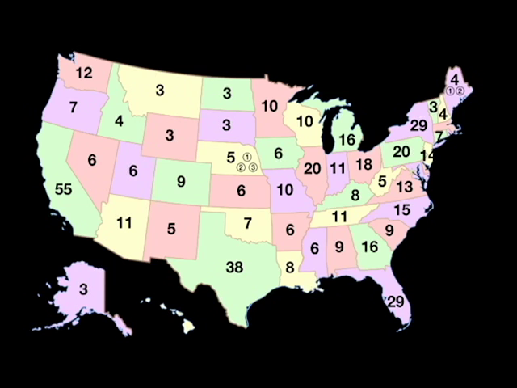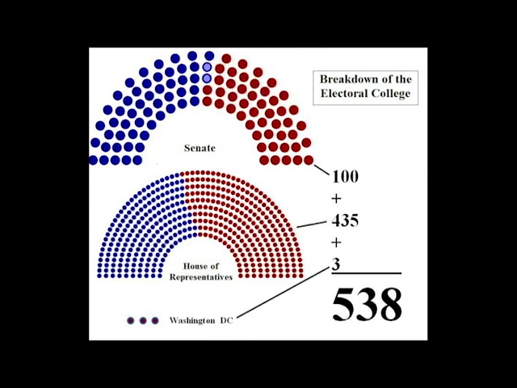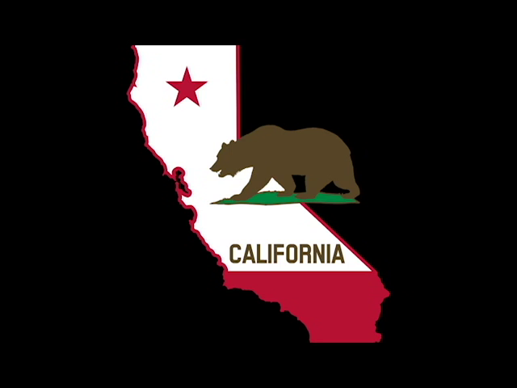And now, the amount of electors each state has is directly related to the amount of congressional members there are, which, of course, are made up of the House and the Senate. For instance, California has 53 members in the House and 2 in the Senate, so we get 55 electoral votes.